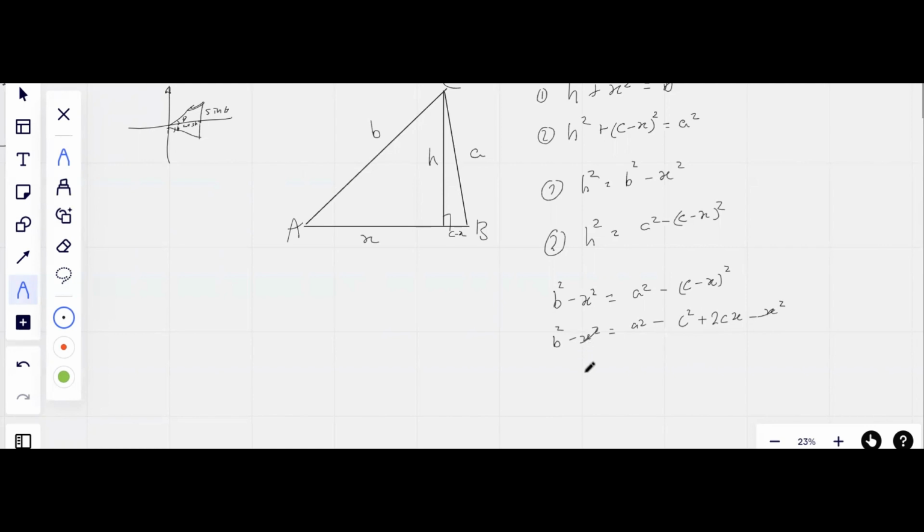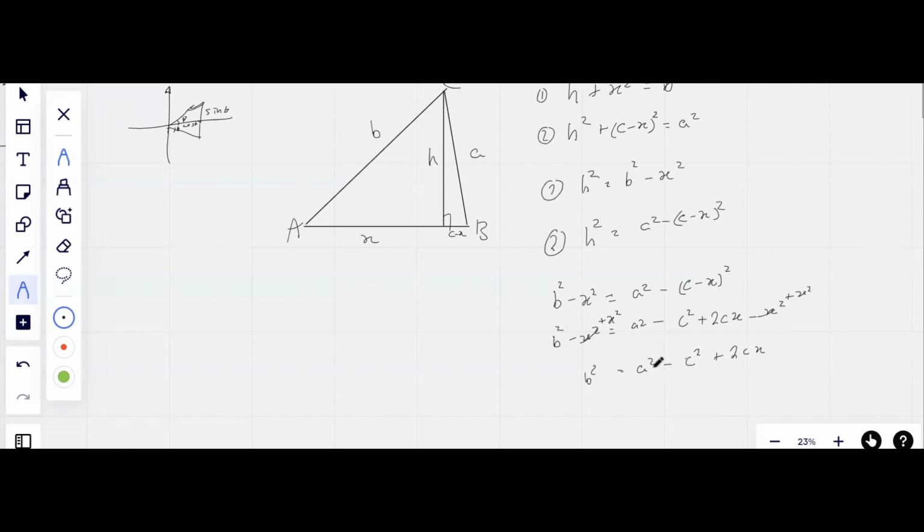So this could be simplified. This turns to 0 plus x squared, and this turns to 0. Then b squared is equal to a squared minus c squared plus 2cx.